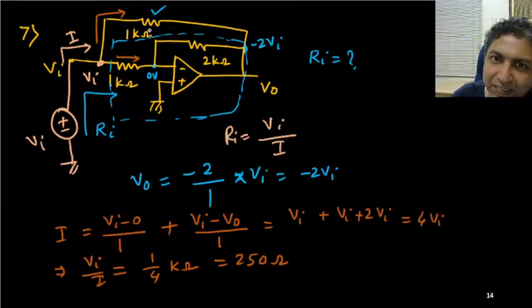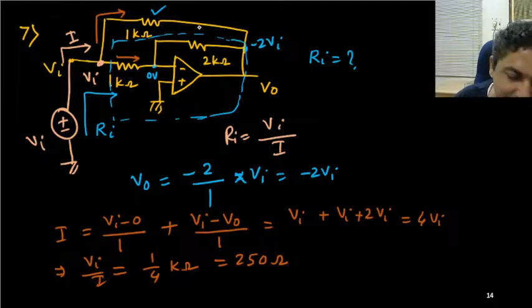If we add some parallel connection, what does it mean? You provide more paths for current. That's how resistance is further reduced. If this parallel path is not there, then the input resistance is simply 1K. Can you see that? But because of this parallel path of 1K again, the input resistance is reduced further. It becomes 1/4 of that.